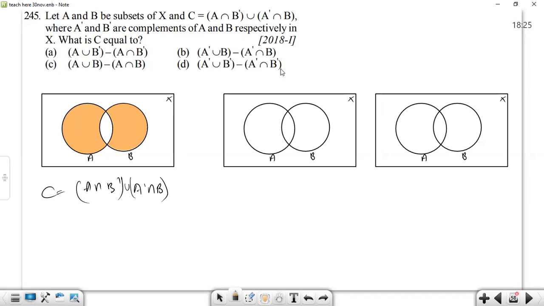Everything is different, so we have to try, and let's focus on luck so that we can take less time. The first option is A union B complement. So B complement is this, and unifying with A, it's the same shaded region, getting subtracted by this shape.